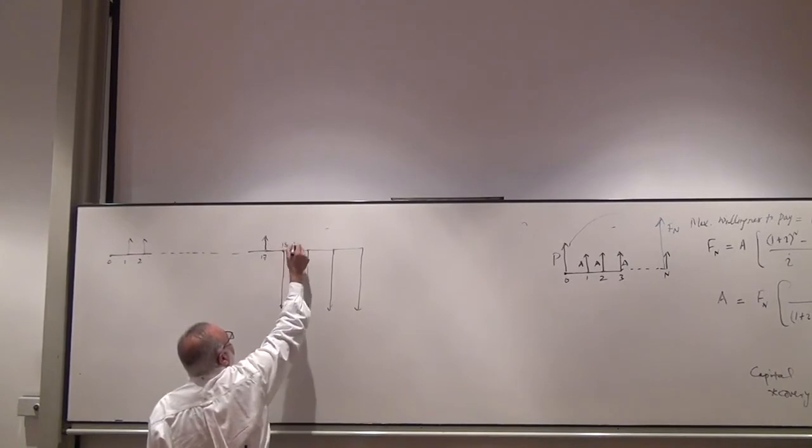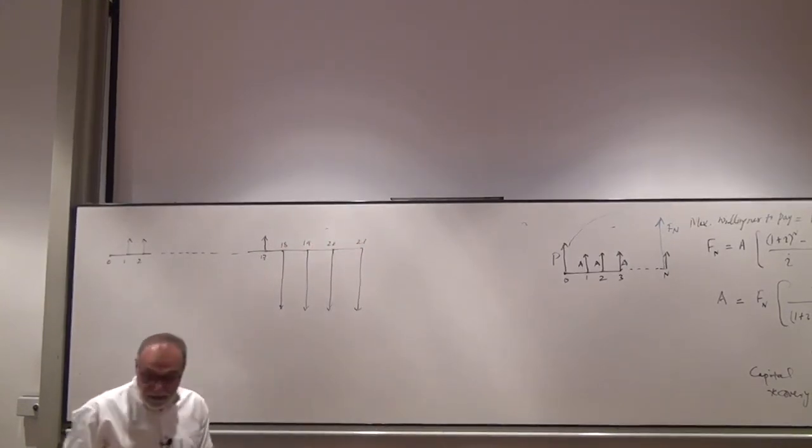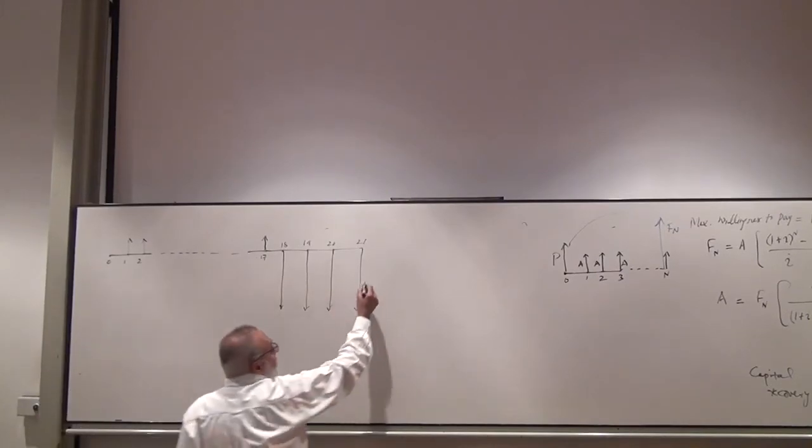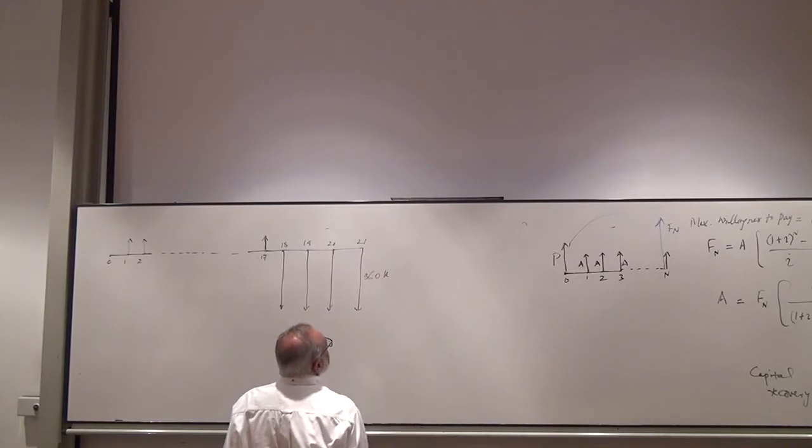So 18, 19, 20 and 21st birthdays, he is going to withdraw these 60K each year.